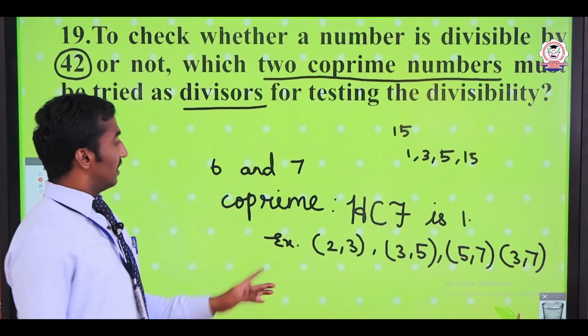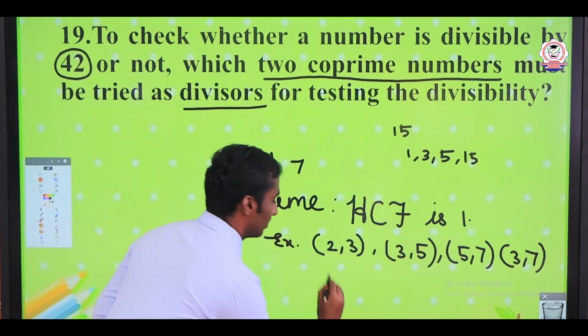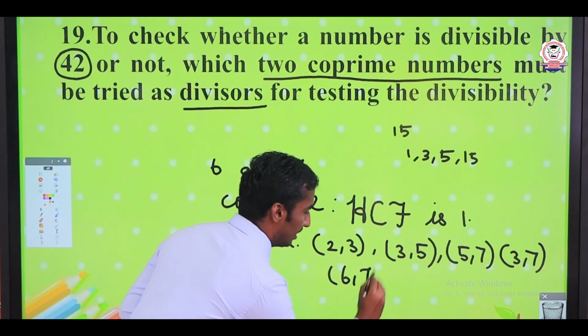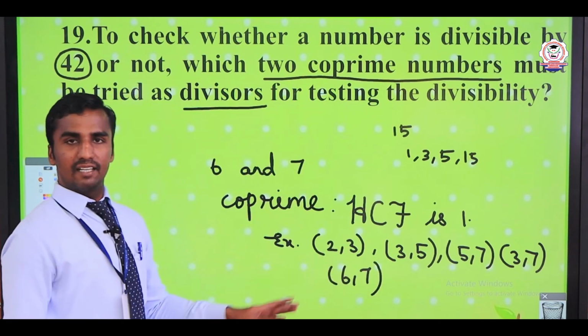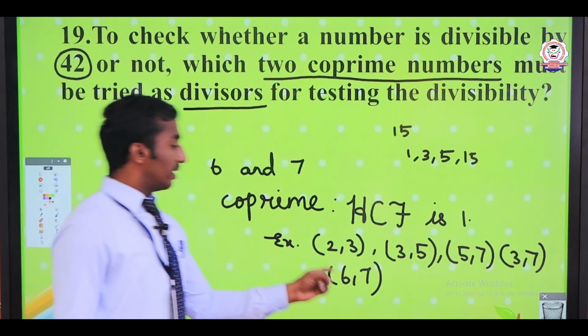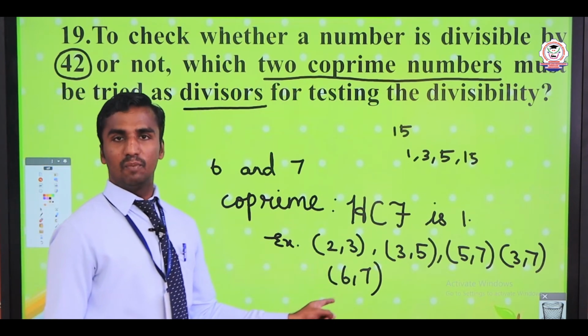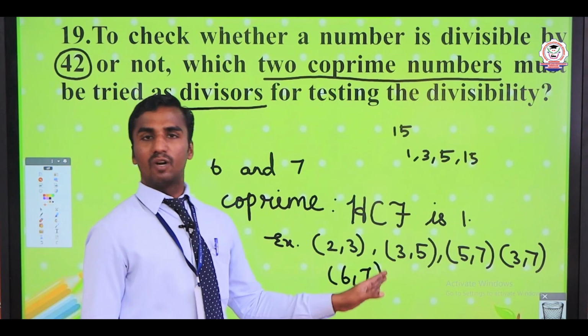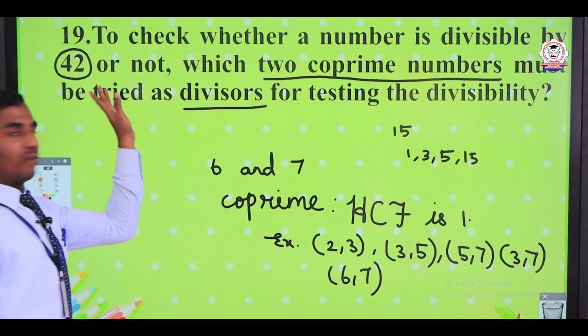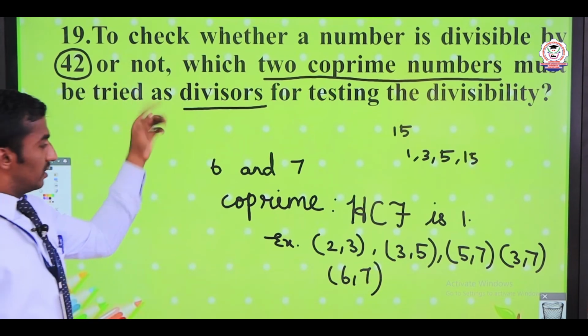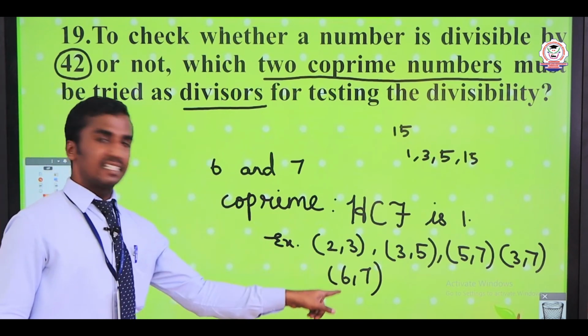Hence, 6, 7 is also co-prime if the HCF is 1. So if a number is divisible by 42, then it must be divisible by 6 and 7.